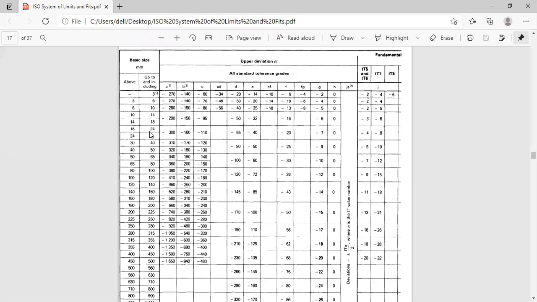So you just try to follow this one. I can directly take that as 20 microns, so that is the upper deviation for the shaft. This is one alternate way of doing the problem.